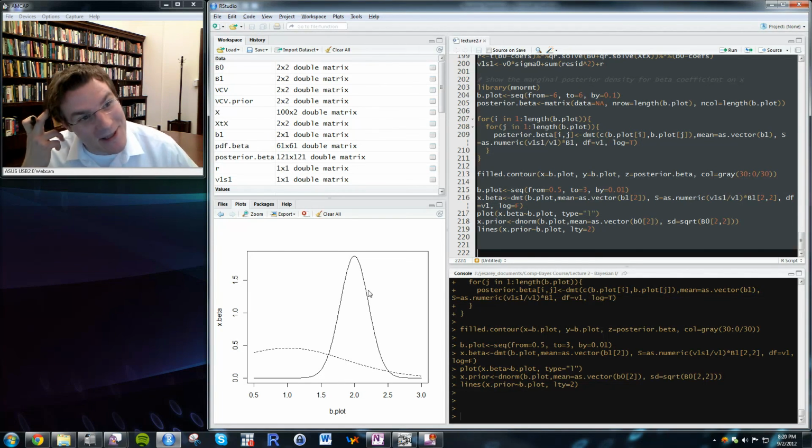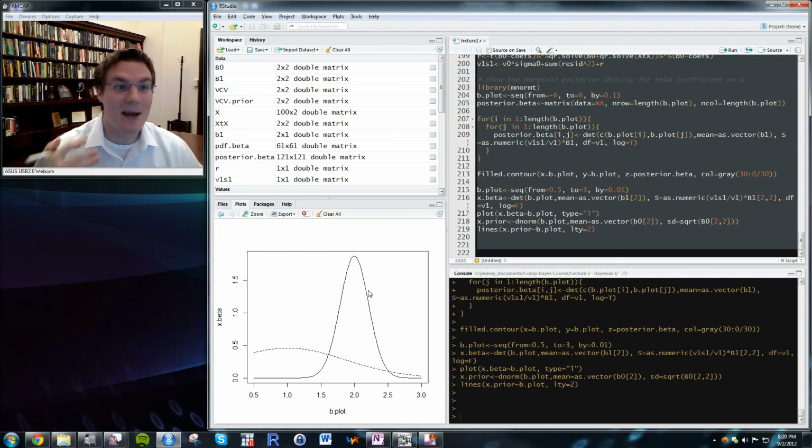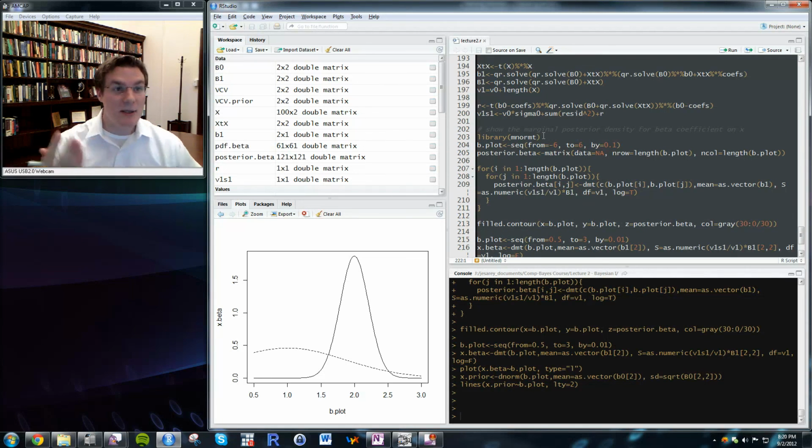It's almost perfectly centered on 2. That makes sense. I went into this analysis thinking that the beta was positive, or about 1, and my data not only confirmed that, but confirmed that it was a little bigger than I thought. So my posterior density was closer to the so-called maximum likelihood estimate of a coefficient around 2. And again, you can see how different ideas in the prior can change my results.